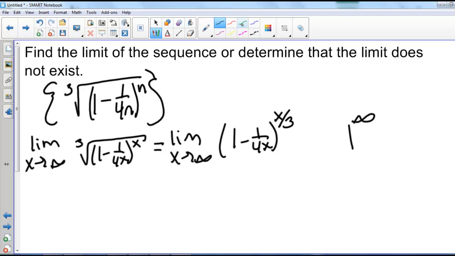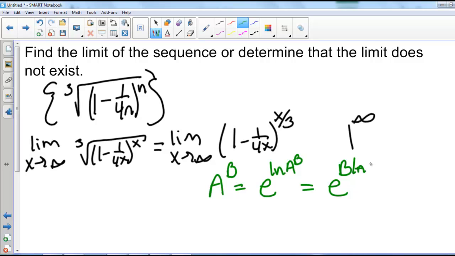So we want to rewrite this. We have an a to the b, and we're going to rewrite this as e to the natural log of a to the b power, which we can then rewrite as e to the b times natural log of a.